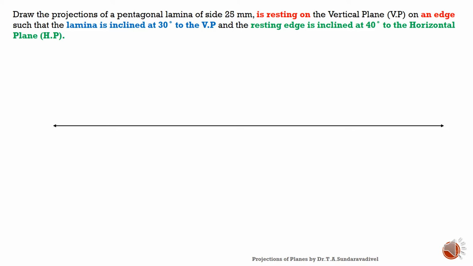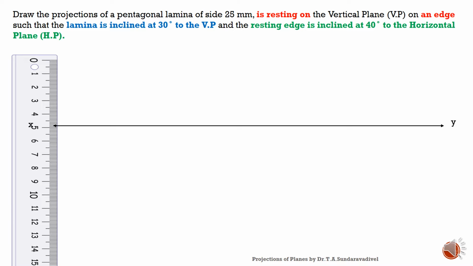Draw XY line, mark X and Y, then take the scale, and from the previous understandings we are going to draw the pentagon here like this because it is resting on an edge.